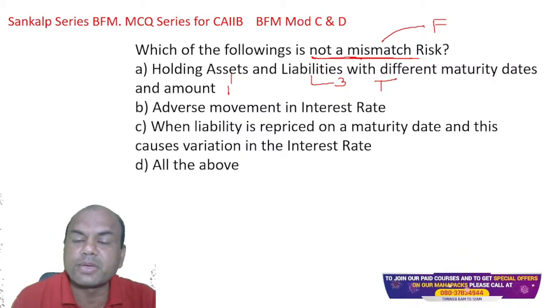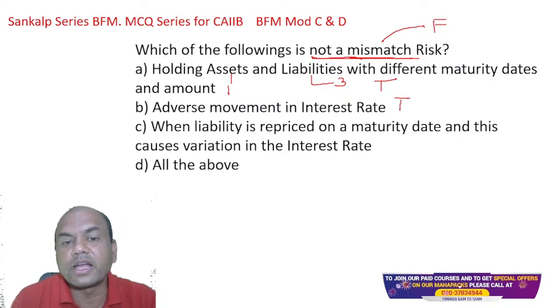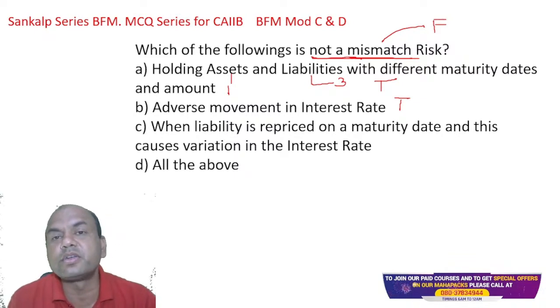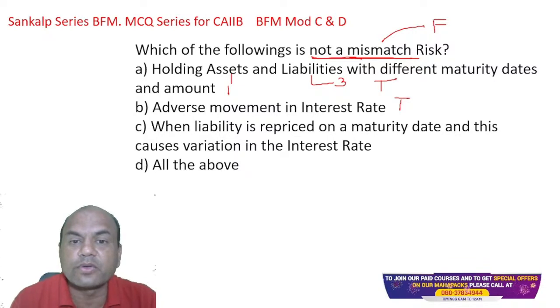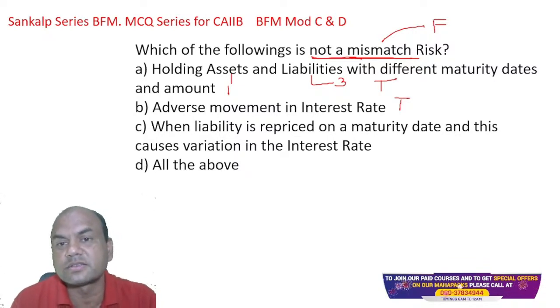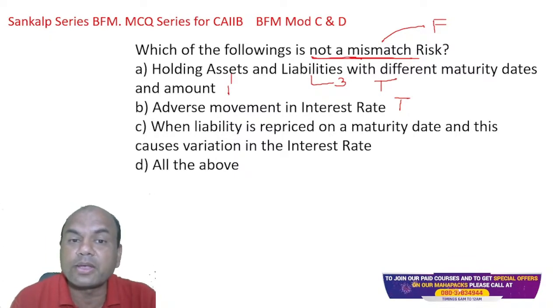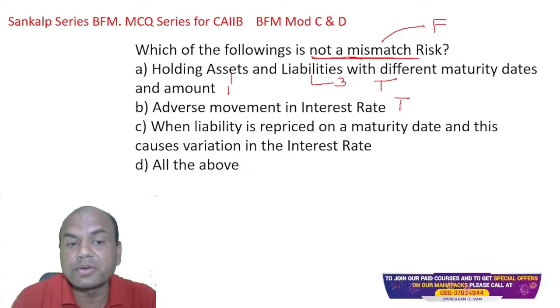Is it not a mismatch or is it a mismatch? It is a mismatch. Why? Because adverse movement in the interest rate risk will definitely affect me. Let's say same case, asset for 1 year, liabilities for 3 years. If the interest rate moves in adverse directions, it will definitely affect my asset and liability positions or my net profit over here.